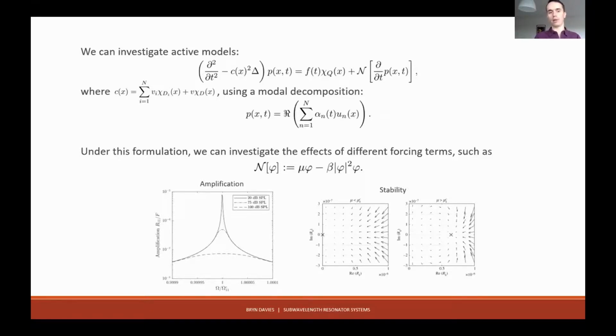And with our framework, we can start to investigate the effects of different nonlinear forcing terms. For example, if we take this Hopf-type nonlinearity, which is a popular suggestion, shall we say, then we can begin to investigate stability, as demonstrated by the phase space plot on the right here, and also investigate the induced amplification effect.